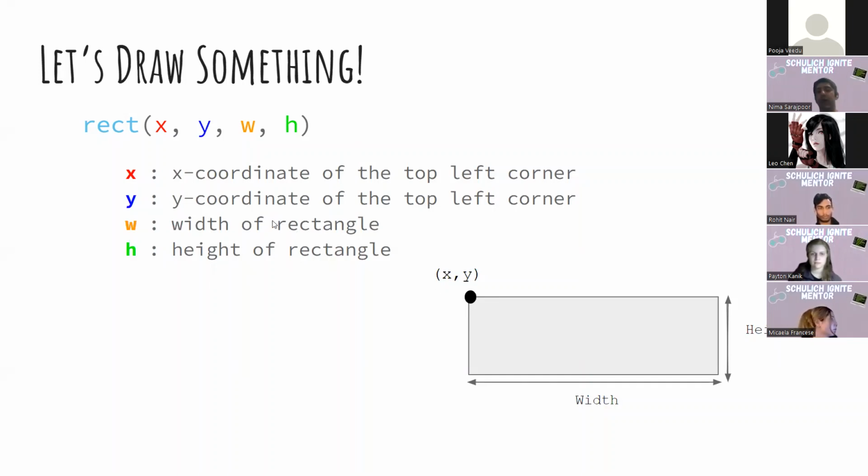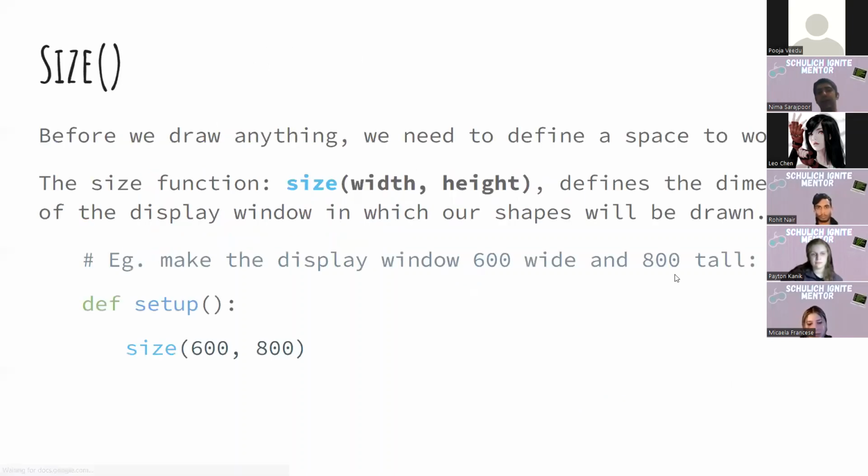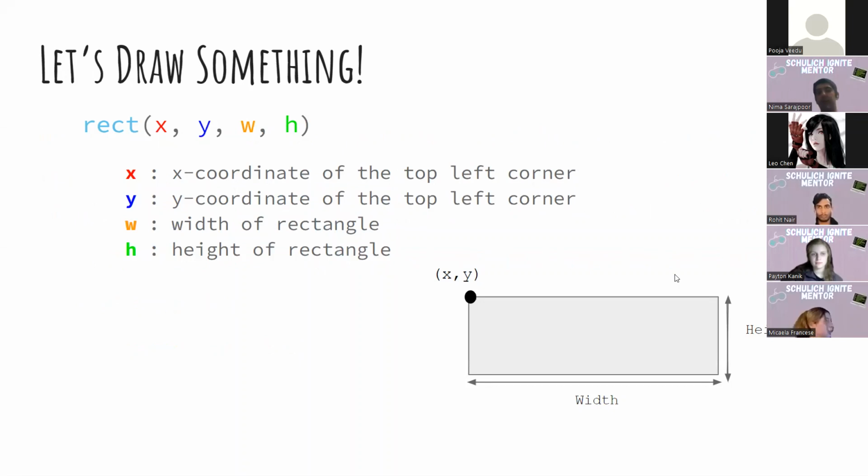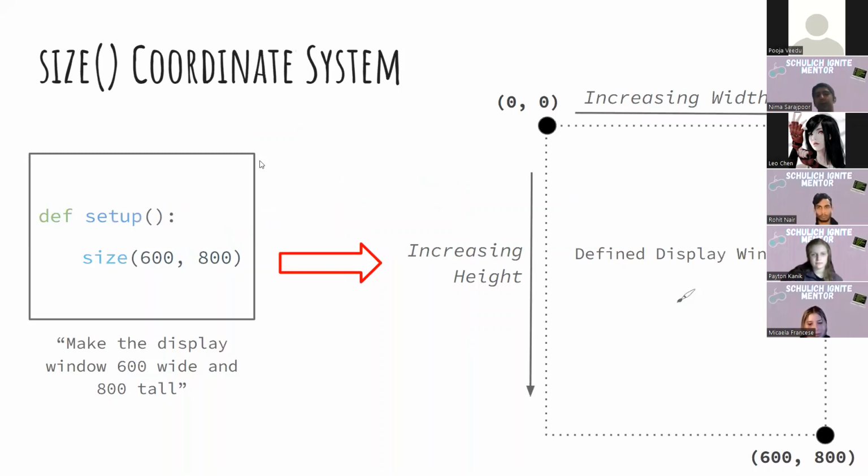So we have X, Y, right? And we will see how we understand what X, Y is here shortly. And then we have the width and height, which is again the width and height of the rectangle, right? So we have the setup size, we have this height, we have again the rectangle, which again has this height, but it also has X and Y.